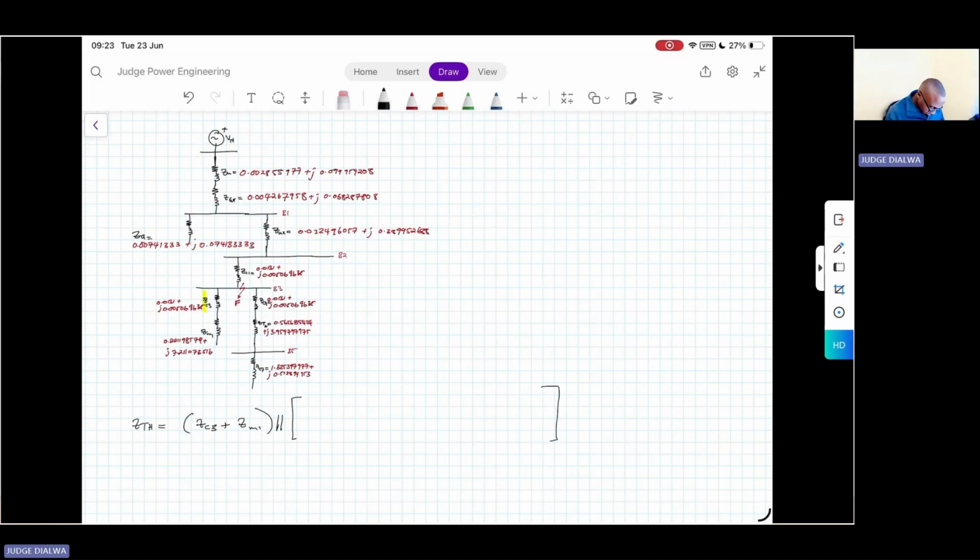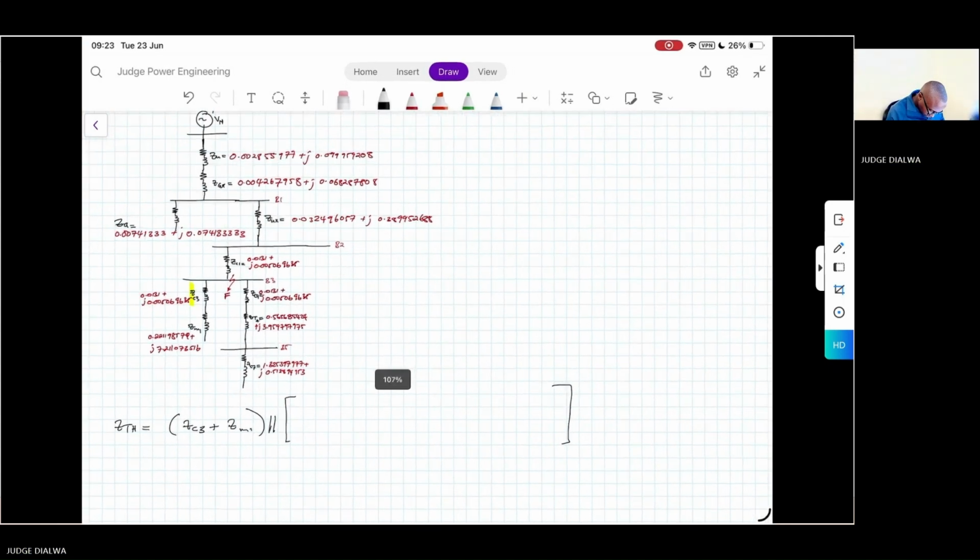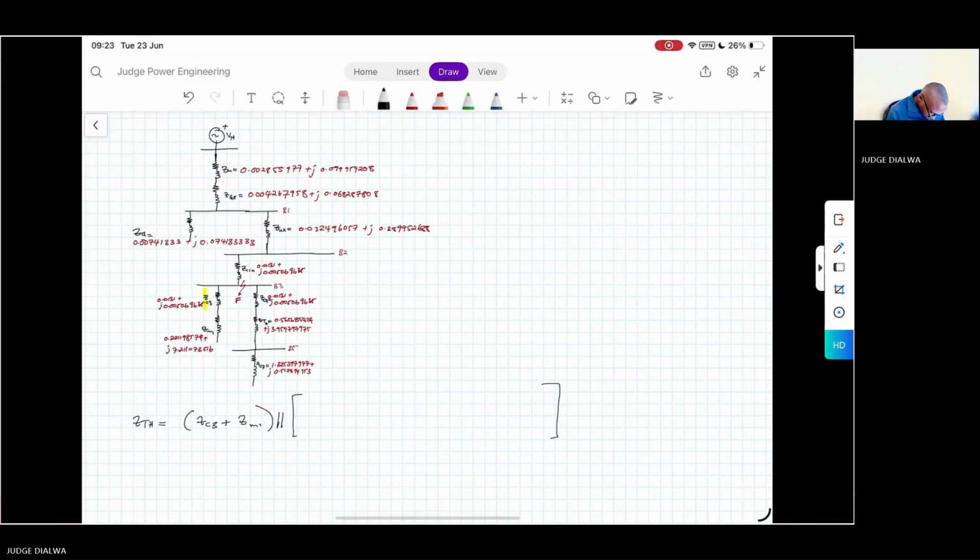So that will be the impedance of our generator, parallel to the series combination of our utility grid and the generator transformer.